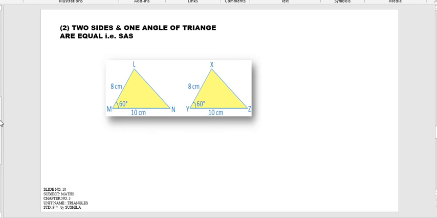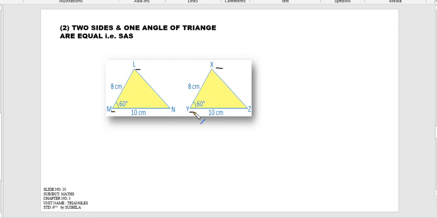Now just move on to the second theorem. Here, two sides and one angle of the triangle, that is the SAS theorem. Two triangles, you can see, this is LMN and XYZ, right? This LM will be equal to which side?